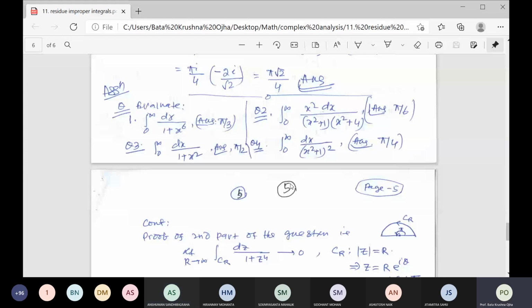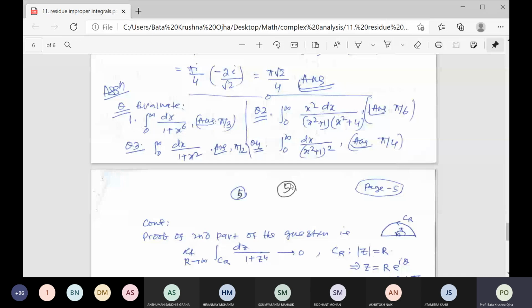Another denominator is 2, that is 2 pi i into 1 by 4i divided by 2. So if I cancel, the 2 cancels, pi by 4. Correct.